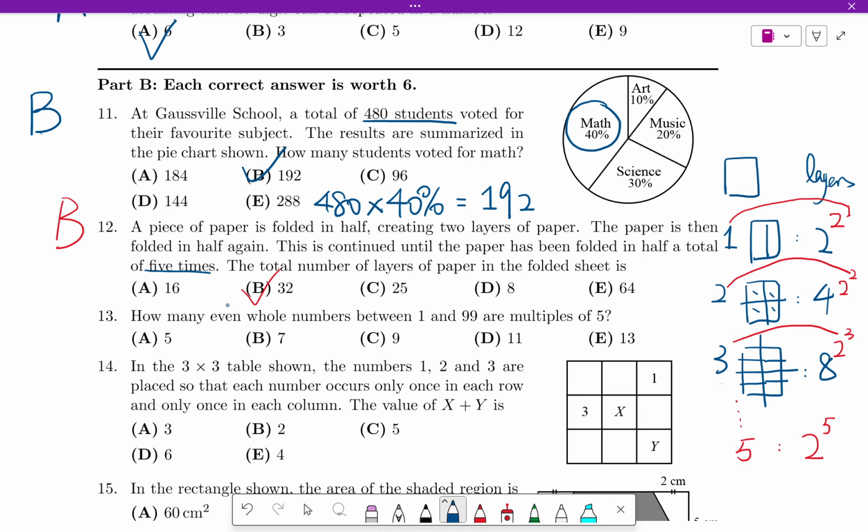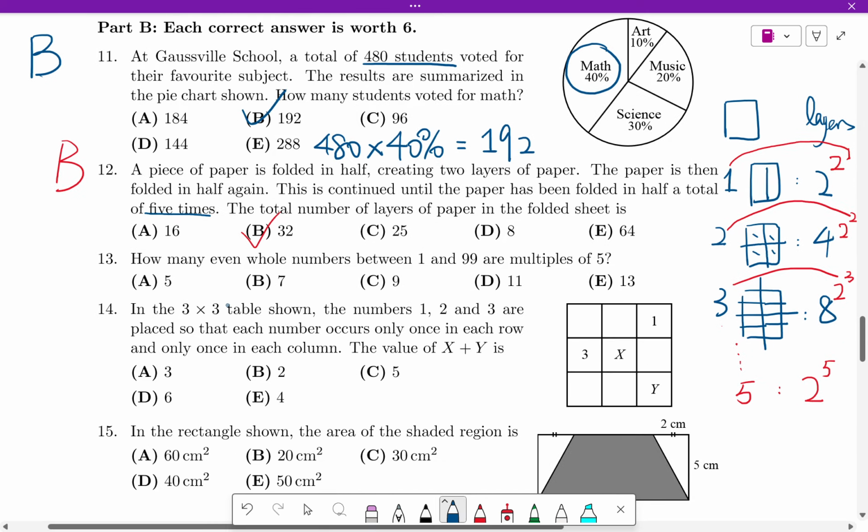Question 13. How many even whole numbers between 1 and 99 are multiples of 5? So we know that if we have a multiple of 5, the number will end either in 0 or 5. And since this whole number is even, we do not want the 5, because any number that ends in 5 would be odd.